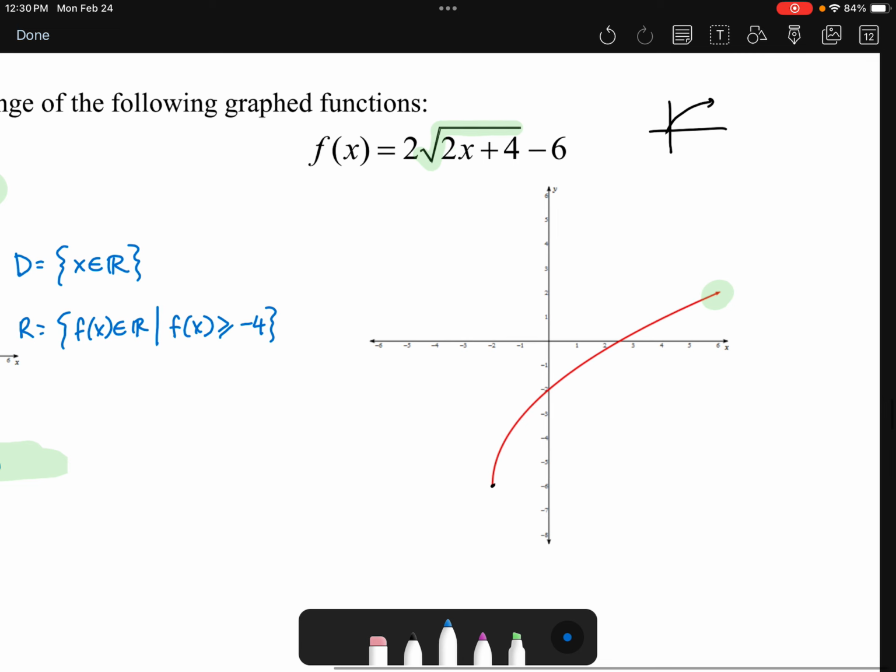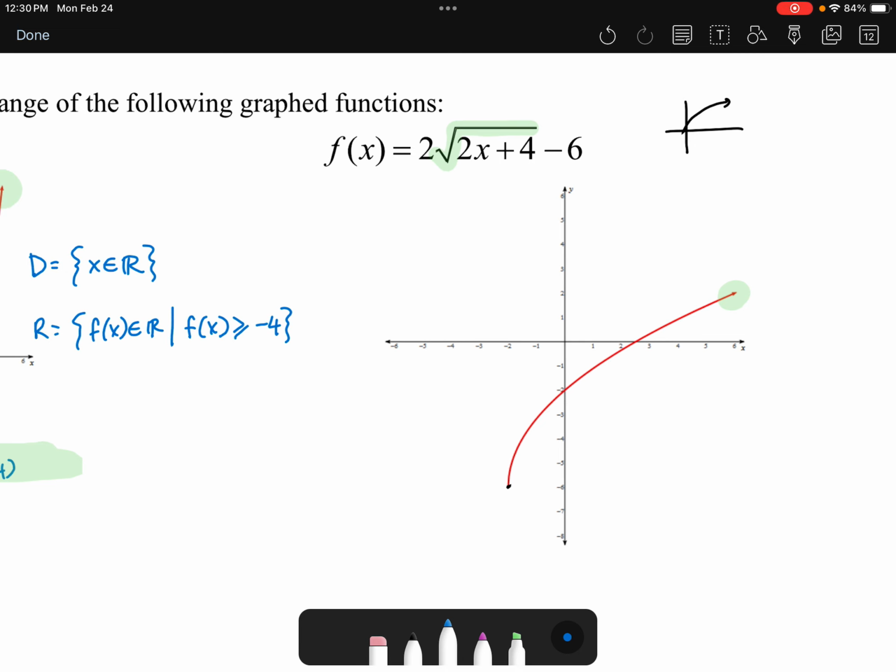So domain, again, is how left and right it will go. If we sketch down here, it looks like it would be starting at -2 and going right from there. So our domain is x ∈ ℝ, x belongs to the set of real numbers.